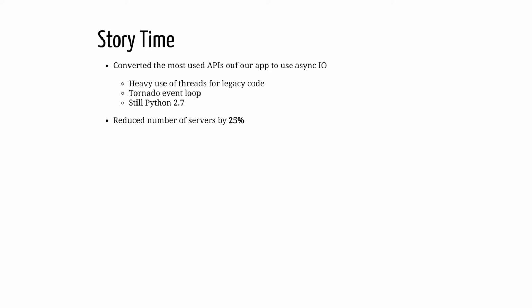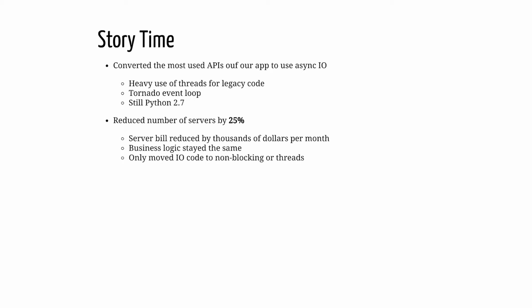And even doing this little thing already let us reduce the number of servers we need during peak time, which is Monday morning for us, by 25%. 25% fewer servers. For us, that meant saving a couple of $1,000 per month in server bills. So this was kind of a huge deal. And very importantly, our business logic, the thing we're actually interested in, stayed mostly the same.